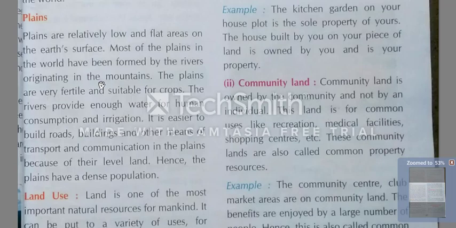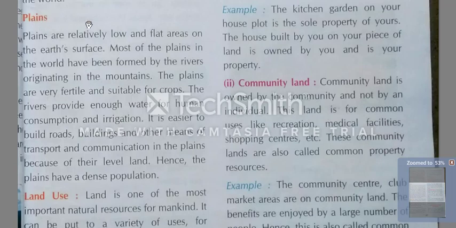And by that river, that plain area was formed. Here you can see most of the plain area. Most of the plains in the world have been formed by the rivers originating in the mountains.